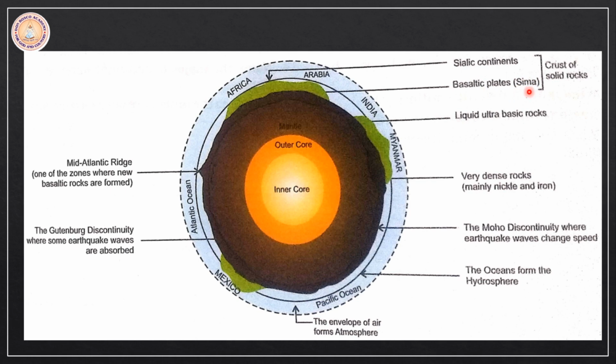The average thickness of the sima is 35 kilometers. Sima forms the oceanic crust and it is mainly found under the ocean, composed of denser or heavier rock material.